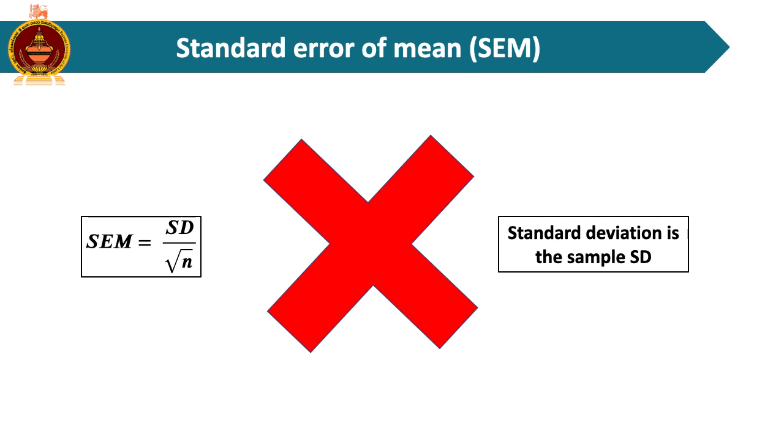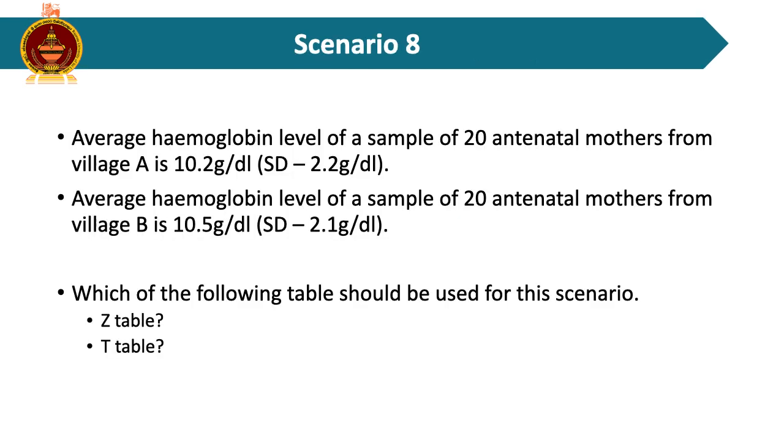Because of that, in practical situations, we use the sample standard deviation if we don't know the population standard deviation. Because of that, we state it as standard error of mean equals sigma divided by root n, or the population standard deviation divided by the square root of n.